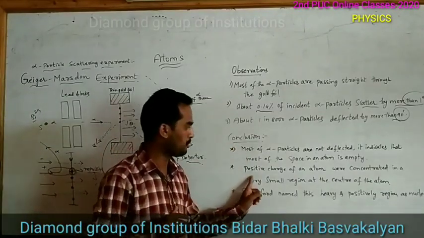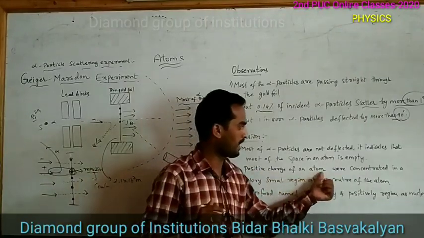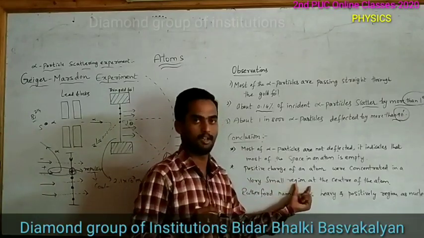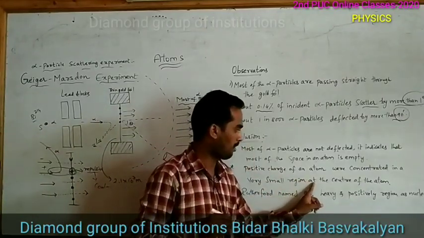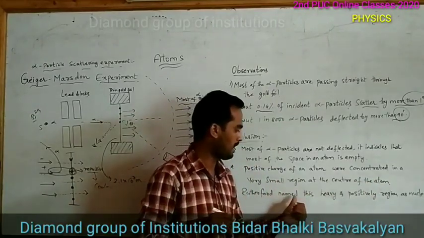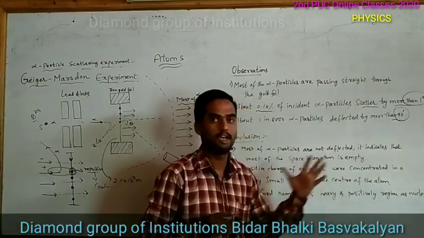Second, the positive charge of an atom. Just now I told you, the positive charge of an atom is concentrated in a very small region at the center of the atom. Rutherford named this heavy, positively charged region what? Nucleus.